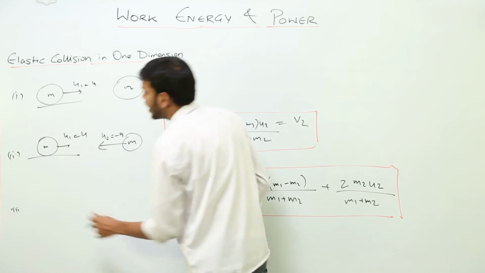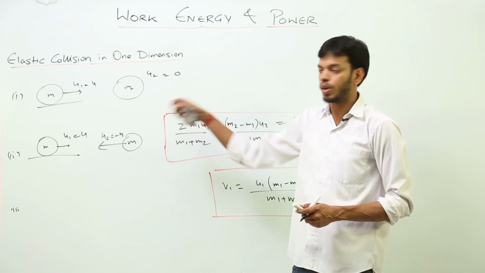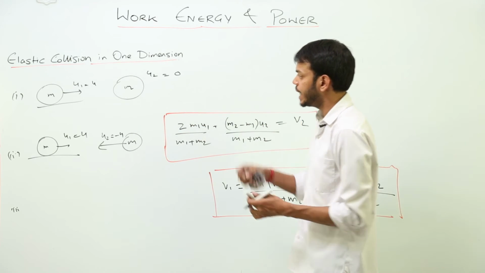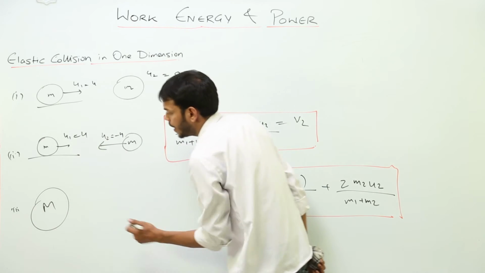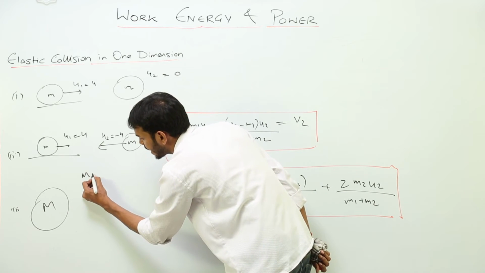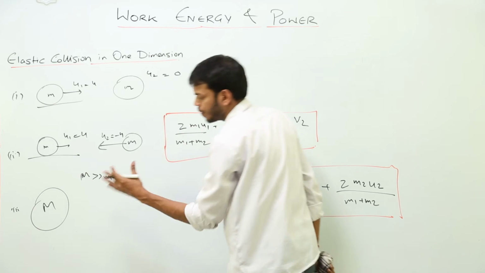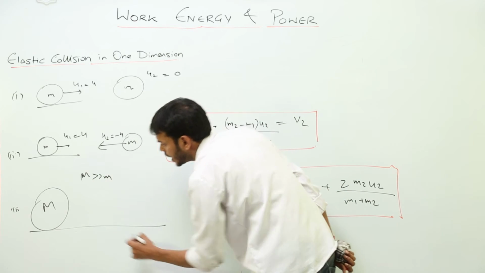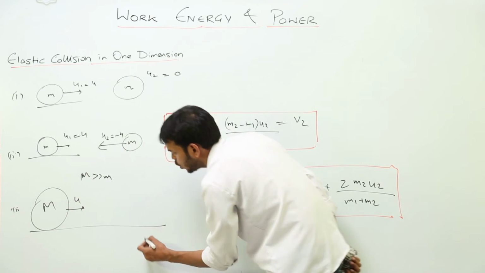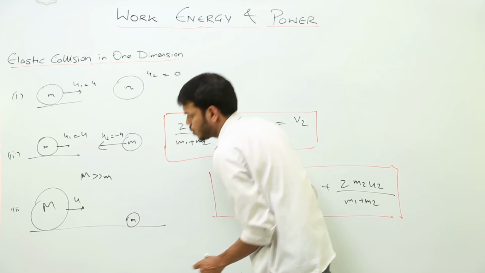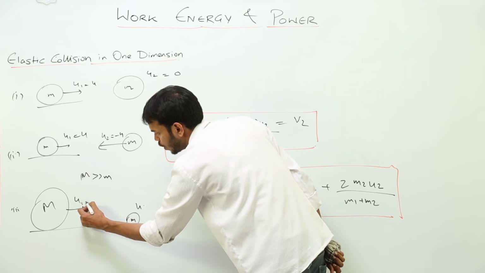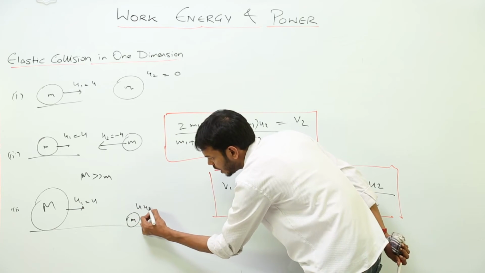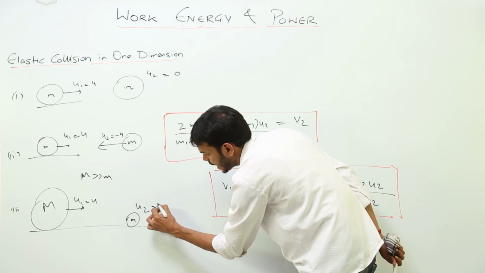Third case, these are the two cases with equal masses. What could be the third case? Let's say there is a very huge mass, where capital M is greater than small m, and this body is moving with a velocity u towards this smaller body of mass small m. Initially u1 was equal to u, and u2 is at rest.